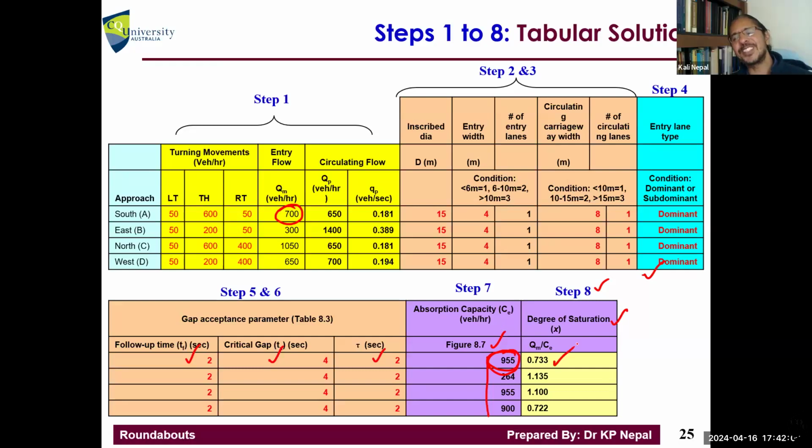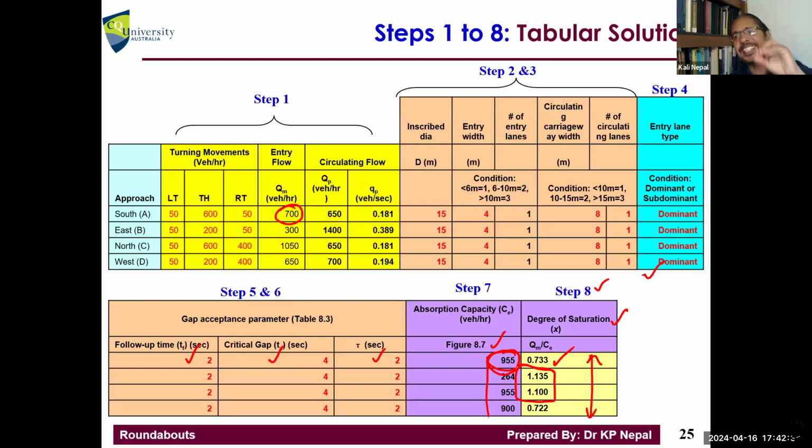You see, that's how we got the degree of saturation: incoming flow divided by the capacity. Now, if I observe here, the degrees of saturation are more than 1. What happened? How do you interpret this? What do you understand by that?